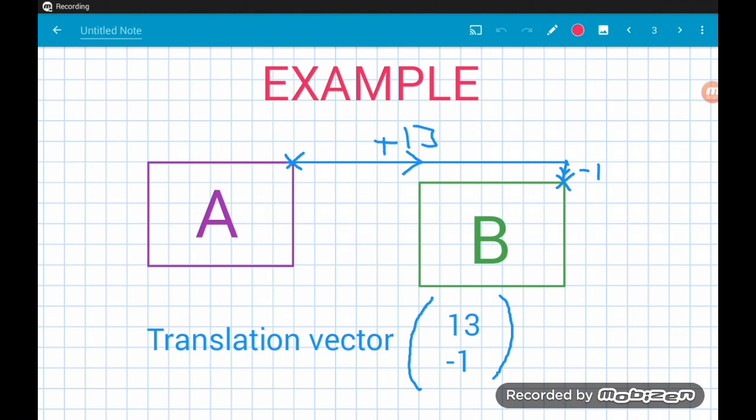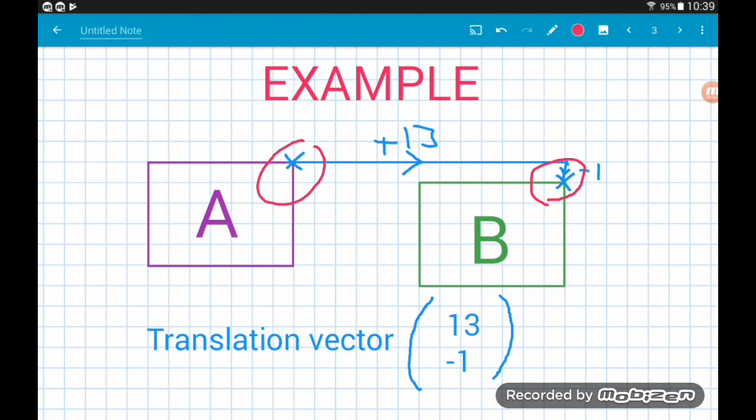Okay, here we have quite a simple example of translation. How has shape A moved to shape B? All that we would do is count how many squares to the right and then how many squares down. I would always recommend picking a point on your shape, as I have done here on shape A, putting a little cross, then finding the corresponding point on the transformed shape and counting how many places it has moved to the right and then how many places down.